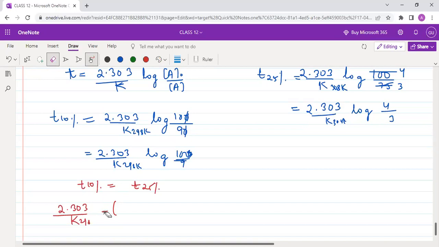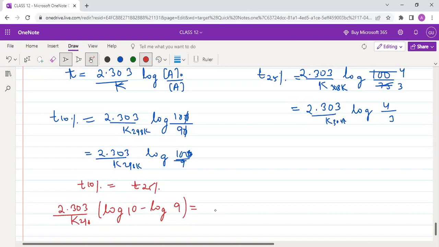Yes. So log 10 by 9 can be written as log 10 minus log 9.